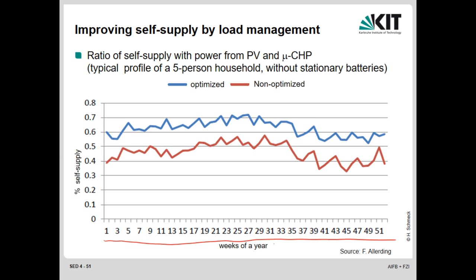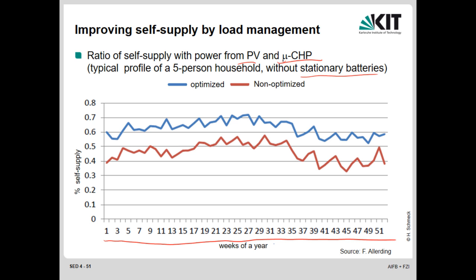We have certain weather and climate information over that year, and we know how much power is generated from PV cells. We have a certain demand for heat, which is satisfied by a micro combined heat and power plant. We assume a 5-person household with a typical demand of such a household. And we don't have batteries in this scenario. This could be added, and could actually improve it.